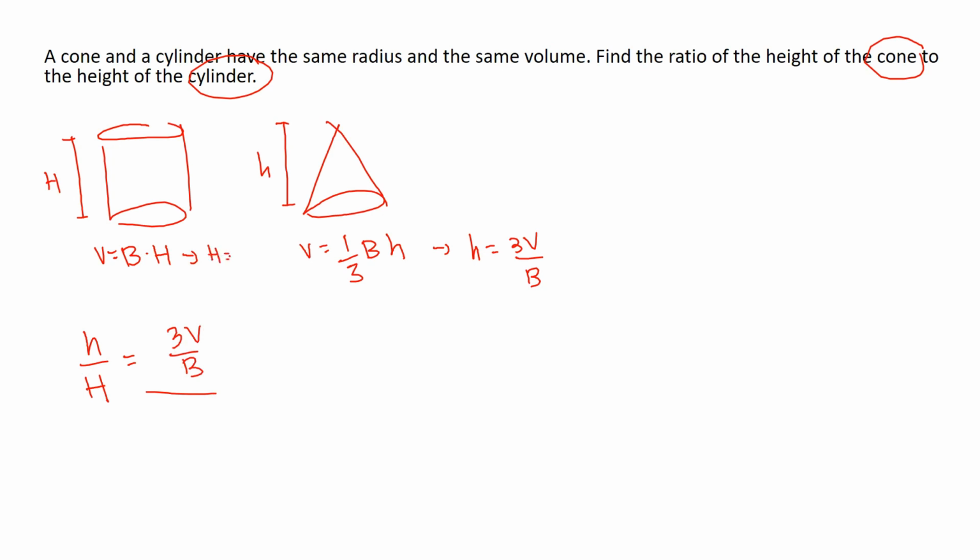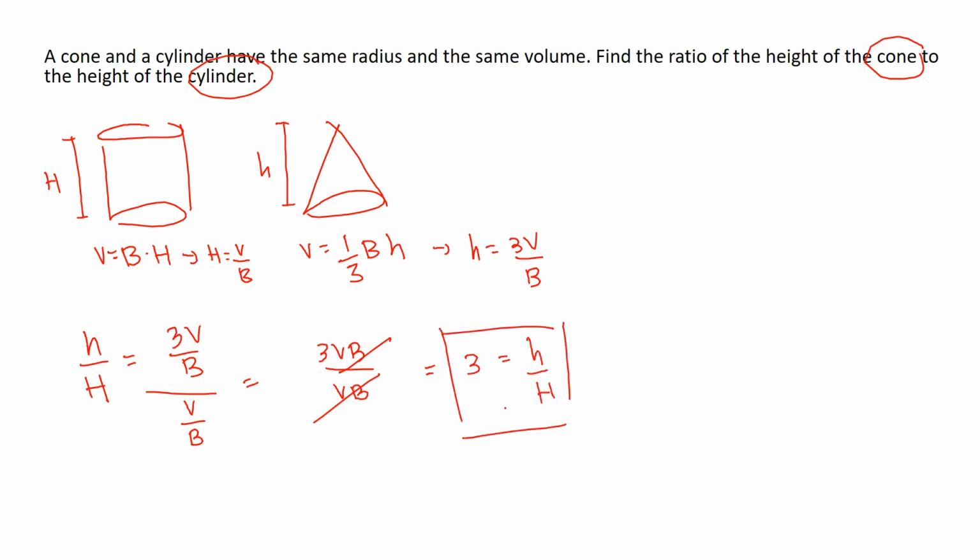H is just V over B. So, V over B, class. They cancel. What do we get? 3VB over VB. They cancel. What is left? 3. This is what? This is your ratio, class. That is the ratio of the height of the cone to the height of the cylinder, and that's it.